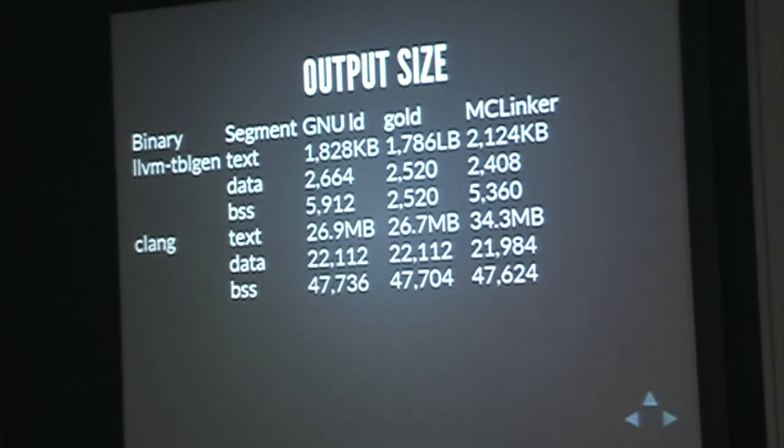And the second important part when talking about the performance of a linker is the size of the resulting binaries. It should be obvious that the text segment is currently quite a bit larger for MCLinker compared to both Gold and GNU-LD.